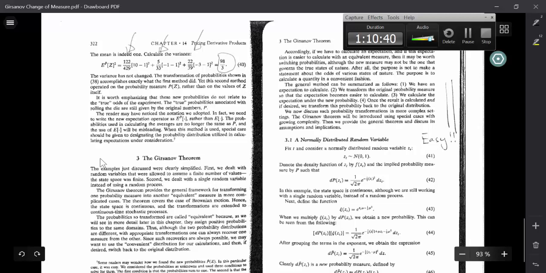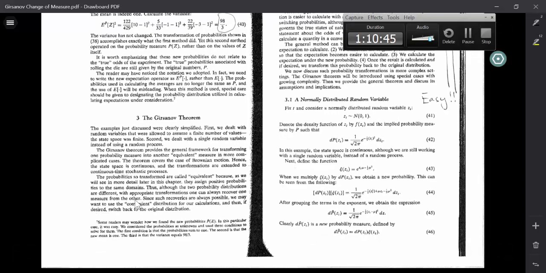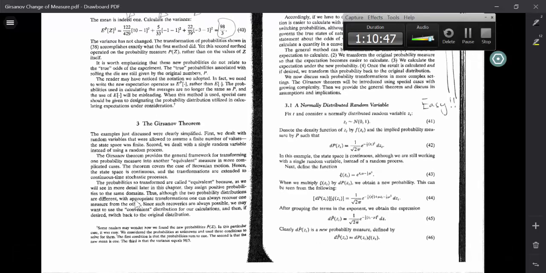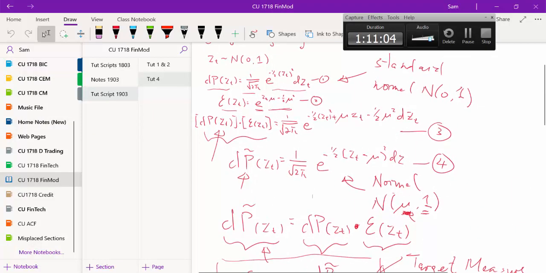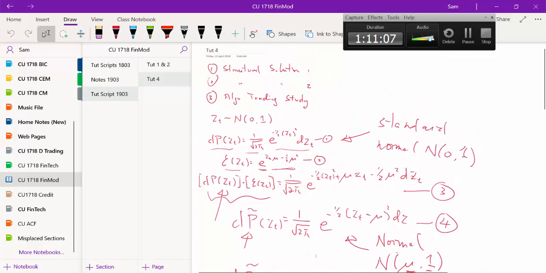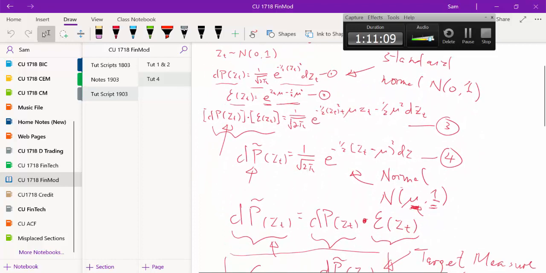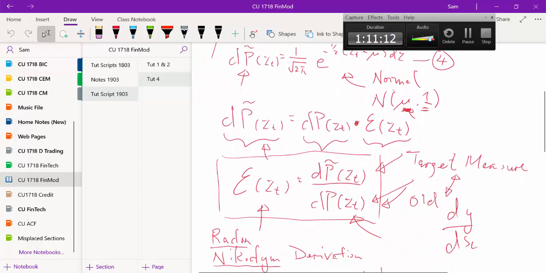And related to that is the Radon-Nikodym derivative, because if I just give you two probability measures, measure A and measure B, you can claim that you can transform the probability measure A into probability measure B if and only if there is a function that can connect the two like this.